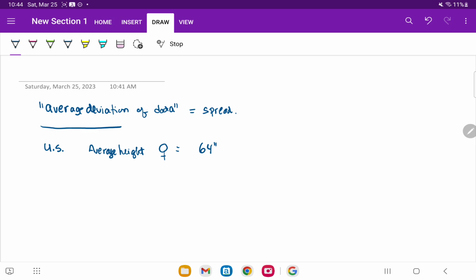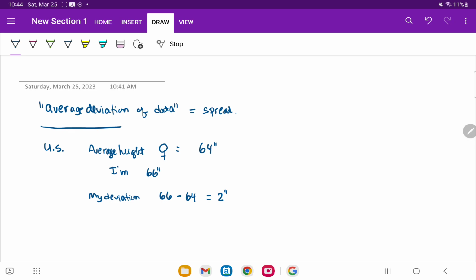I happen to be 66 inches tall. So to find my deviation, I take 66 minus 64, and that gives me 2 inches. My deviation is 2 inches.